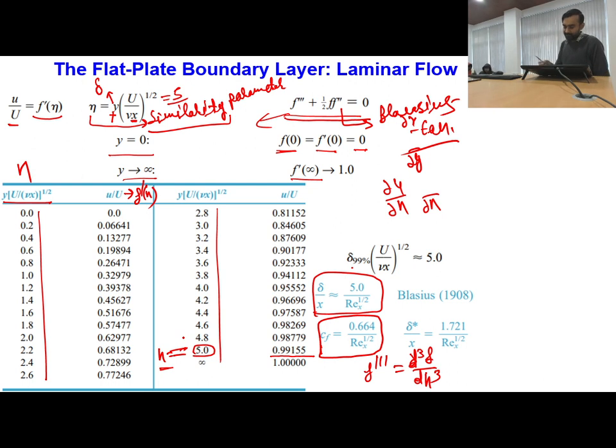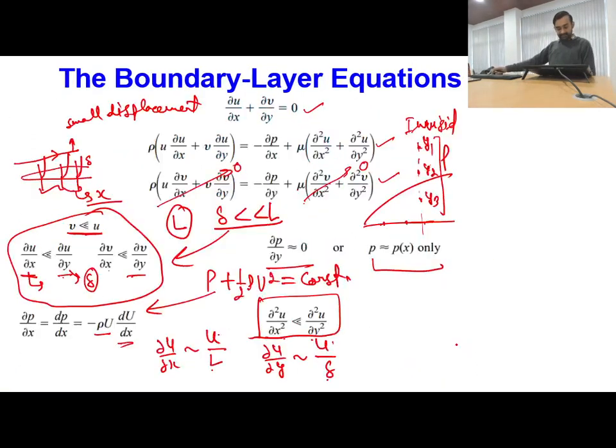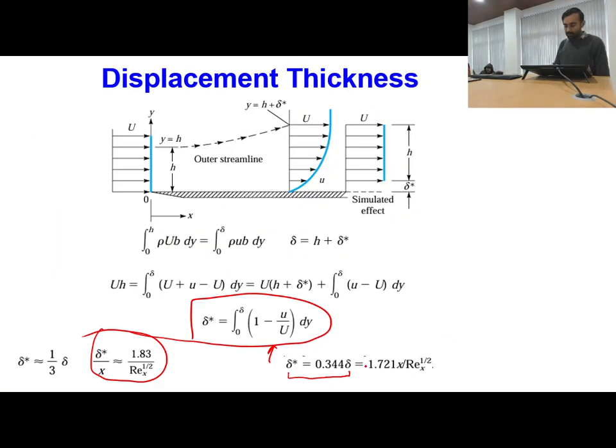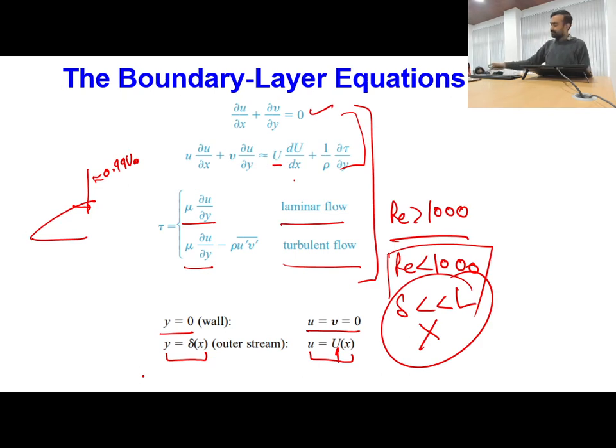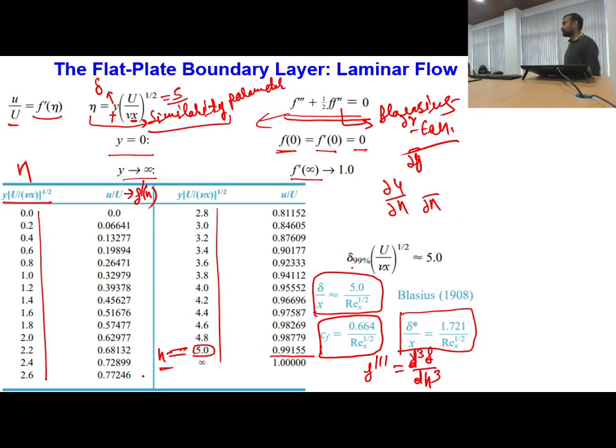And if you calculate the displacement thickness, then delta star by x is equal to 1.721 by square root of Rex, and this was equal to 1.83 by square root of Rex. So within the limits of approximately 10%, our Karman's solution is actually applicable. But the exact solution is giving us the values over here. So all are clear with this idea?